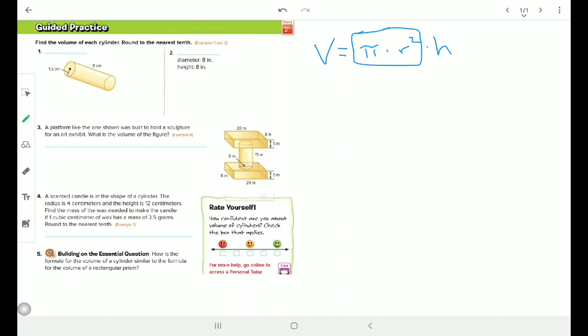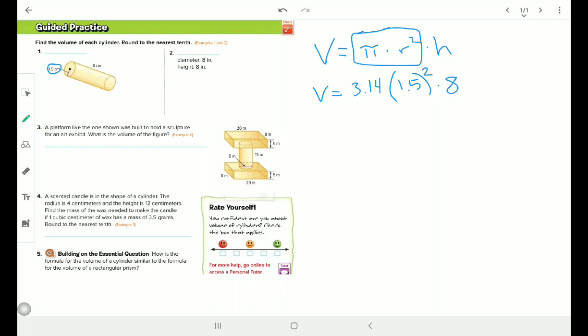So if I'm plugging in what I know, well, pi is always 3.14. Times the radius, 1.5, that's this part here, that's the radius, and that is going to be squared. And then times the height, that would be 8.